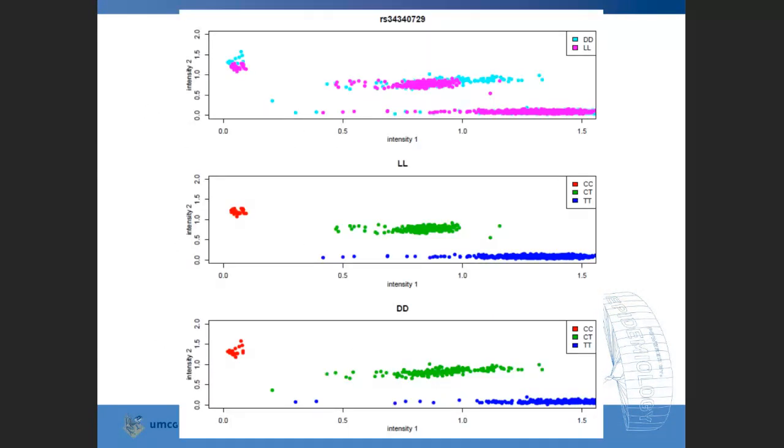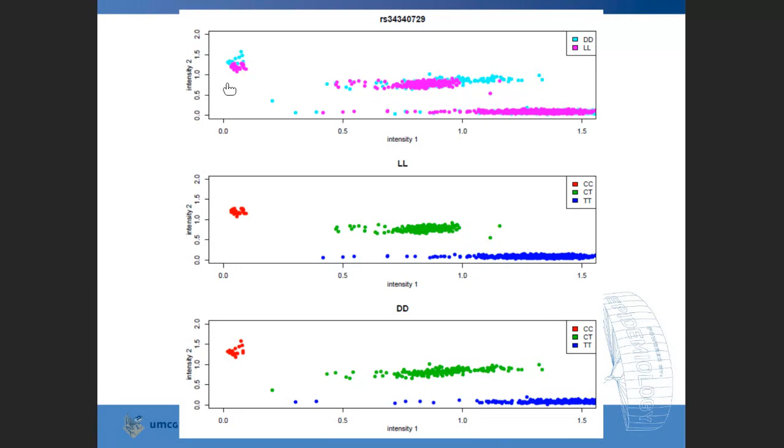I have a slide here with how such an intensity plot looks. Here is a combined intensity plot for both Dupuytren's and Lifelines. Here you see the intensity of one probe and the intensity on the other probe on the y-axis, and what you ideally would like to see is three clusters.